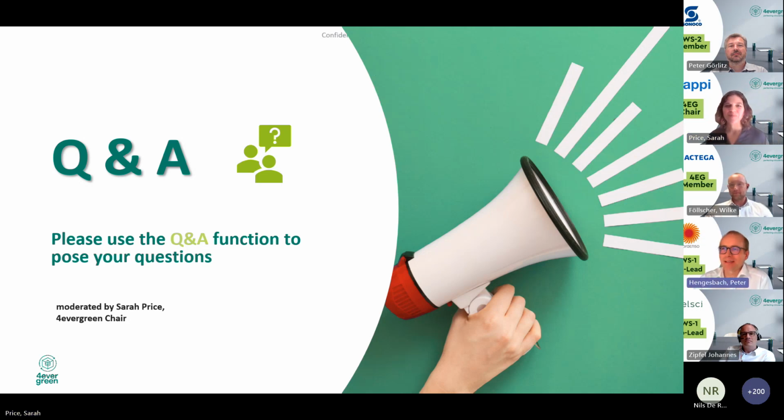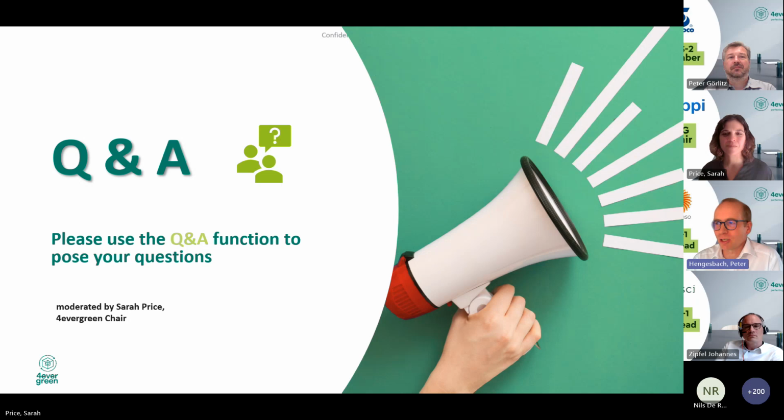Yes, so maybe I start with the first one regarding this de-inking mill. Unfortunately, in whole Europe we don't have the same collection and sorting schemes in place in all the countries. So there are quite some different systems in place for good reasons also.